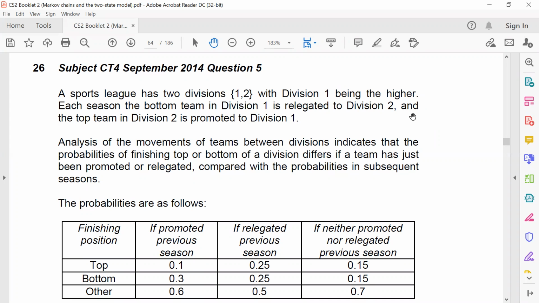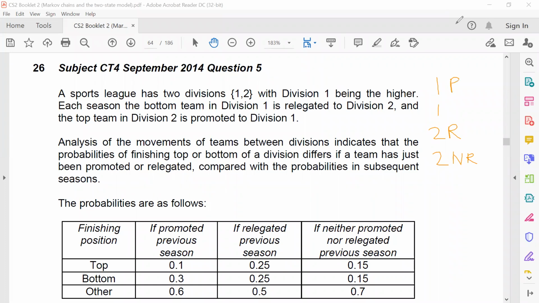Let me just write. So the way I'm thinking now is that you can have 1, 2, and now you can reach 2 if you are relegated in the previous season, and you can reach 2 if you were not relegated in the previous season, which means you were in 2, so you stay in 2 or something like that.